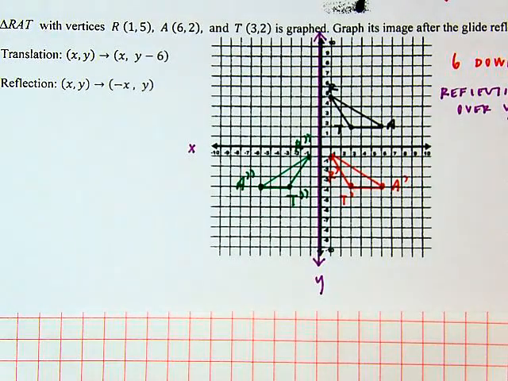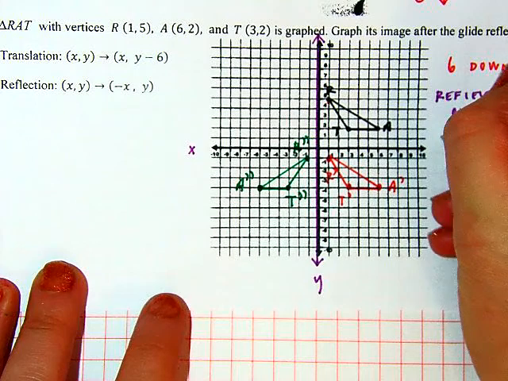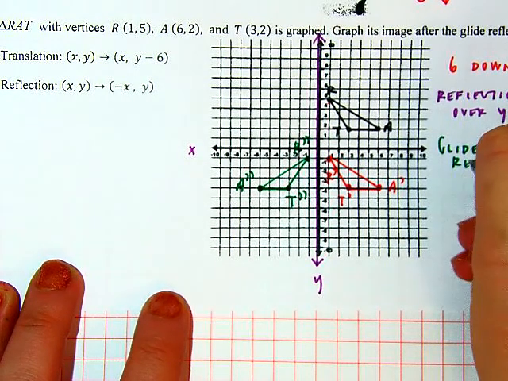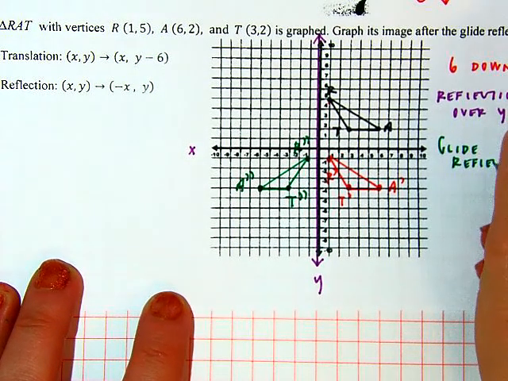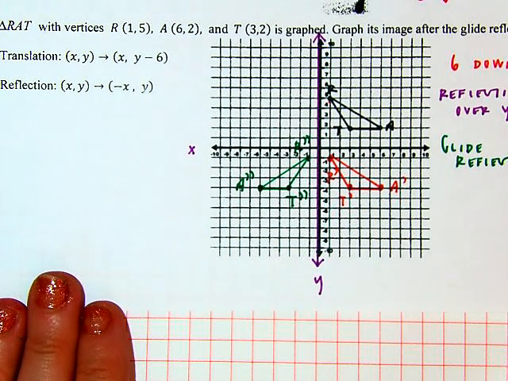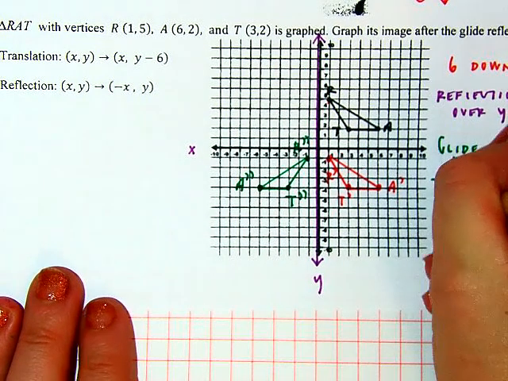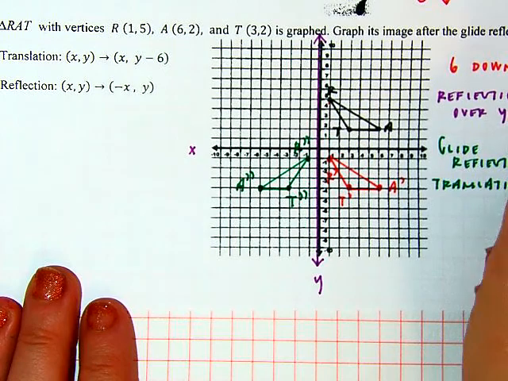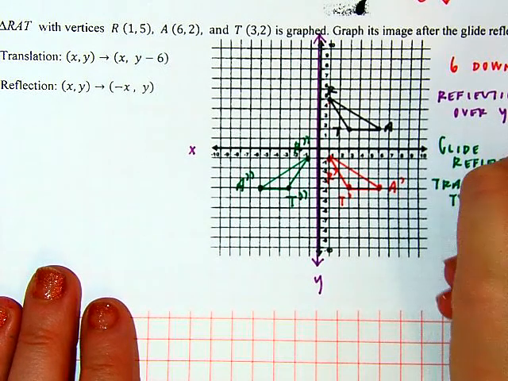So again, I just want to circle back to what makes it a glide reflection. We absolutely see that it is back-to-back, a translation followed by a reflection. So that's the first criteria: translation, then reflection.